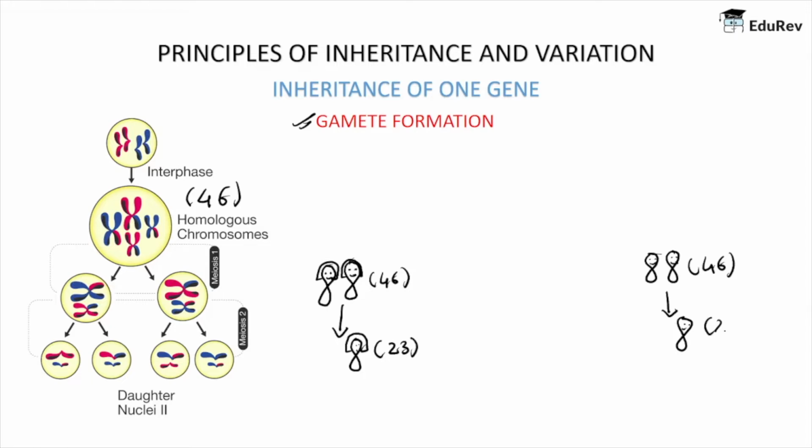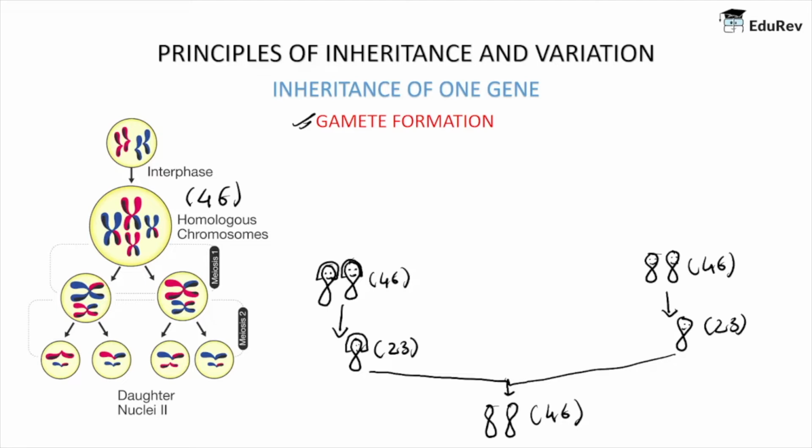When sexual reproduction takes place, the chromosomes from female and male get combined to form an offspring, a baby, which now has 46 chromosomes in it: 23 from female and 23 from male, forming 46 chromosomes, which is the actual original number in case of humans.